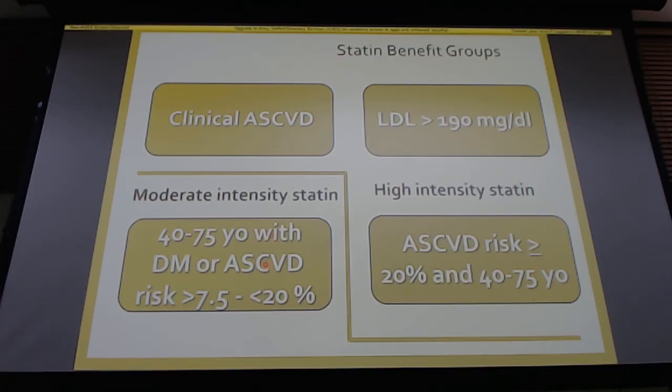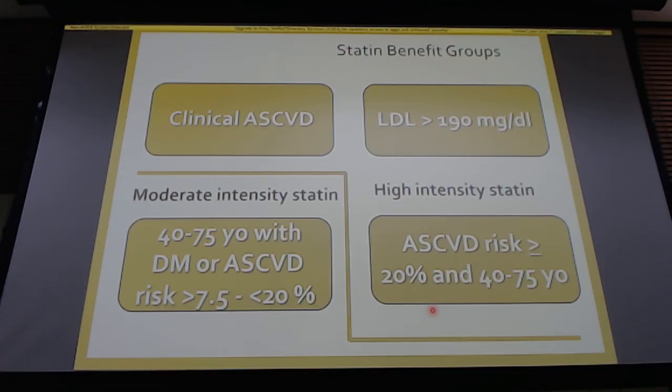So when you're looking at this, this is kind of how you're going to stratify giving your patient a statin. This is your clinical use before we talk about all of the drugs, right? So if somebody has ASCVD, which we're going to talk about, or an LDL that's over 190, that's high, or somebody who has a risk that is greater than 20%, and they're in their prime, I think of it, they're 40 to 75.